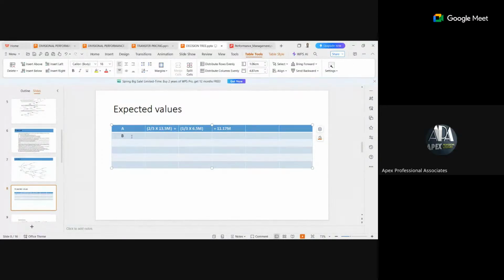At point B, we have 2 over 3 multiplied by 8.5 plus 1 over 3 multiplied by 4 million. We have it as what? 7 million.